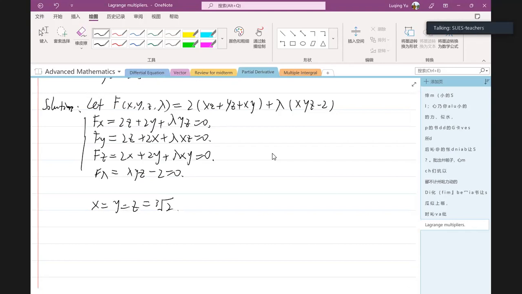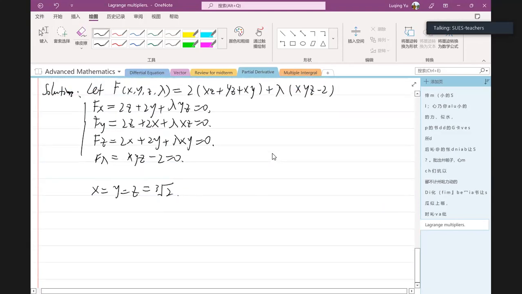F_x, F_y, F_z are actually similar. When you observe the system of equations, you will find that x, y, z are substitutions of each other, so they should be the same. Let's do this question first.